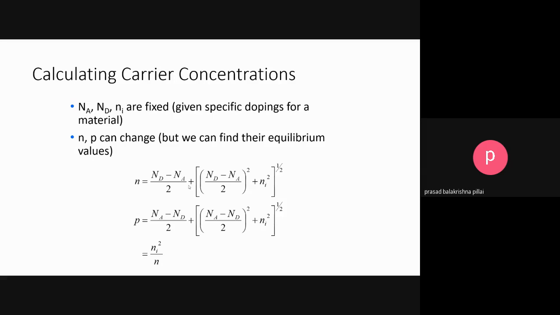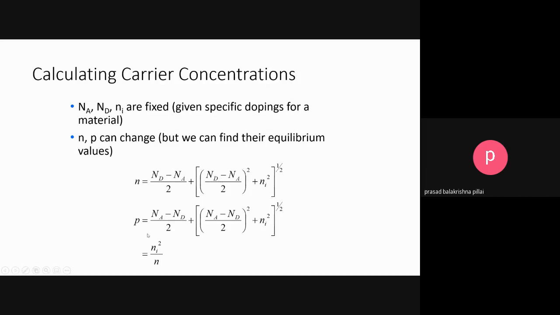You can see around 5 to 10 orders of difference between Ni and doping. So one can safely assume that Ni is much less than Nd. Then if you are considering an n-type dopant, Na can be neglected. So the electron concentration will be nearly equal to Nd.